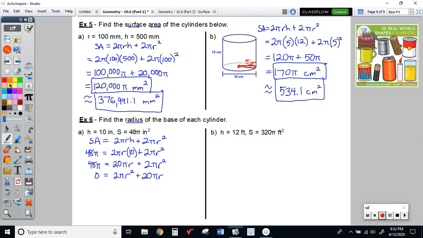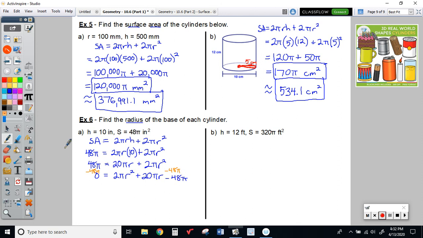So if we subtract 48 pi from both sides, that's going to get me one side equal to 0. That's minus 48 pi on both sides. And then from there, I could factor a 2 out of everything, and I could factor out a pi out of everything I see here.